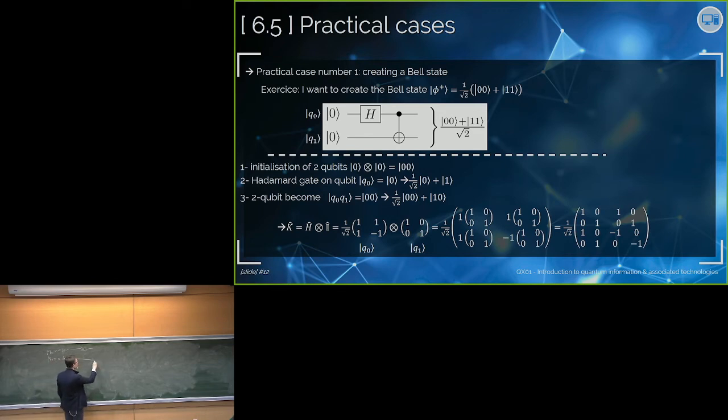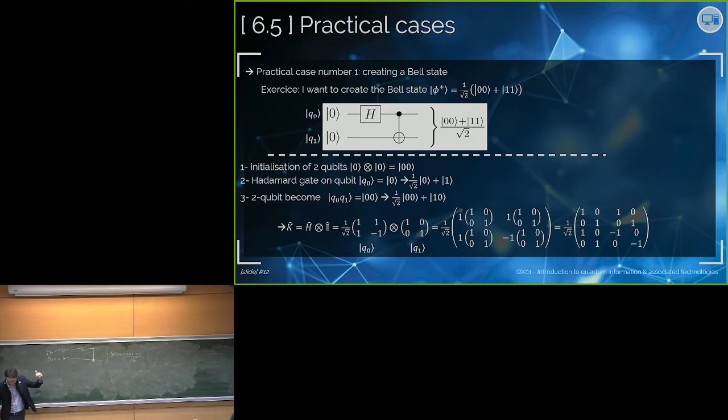And in order to entangle them, that's why I said sometimes the CNOT gate is called the entangling gate, if I apply a CNOT between qubit Q0 and Q1, then I will now entangle the properties of these two and end up with the phi plus state. So |00⟩ plus |11⟩ over square root of 2.